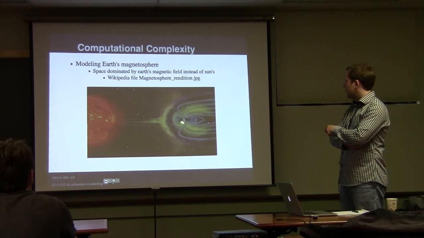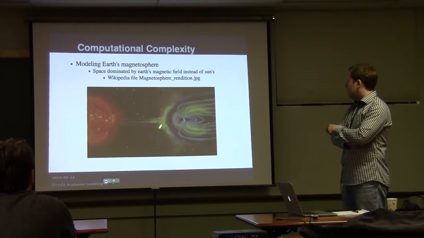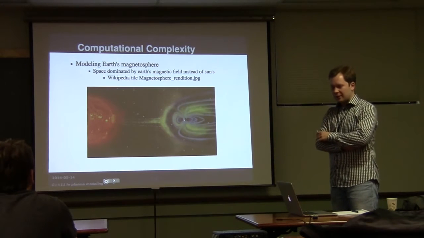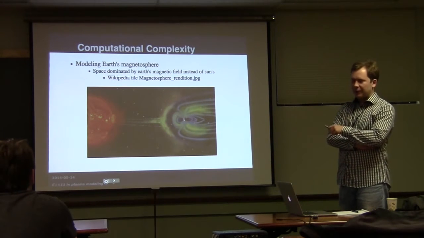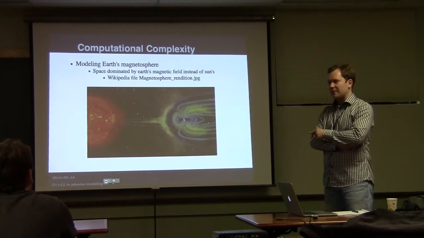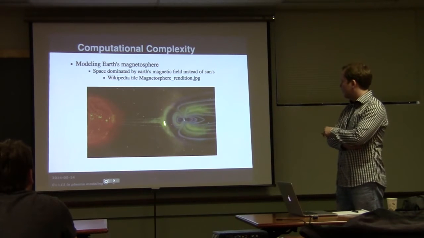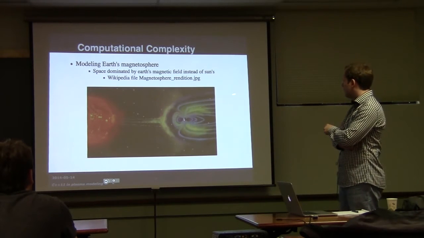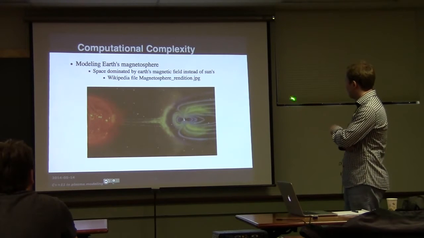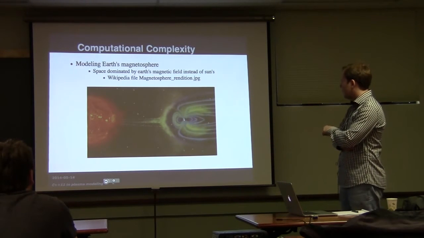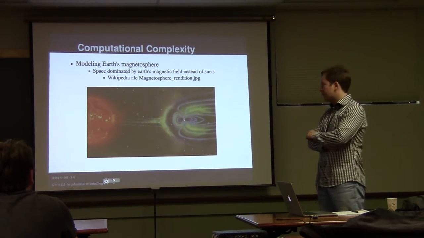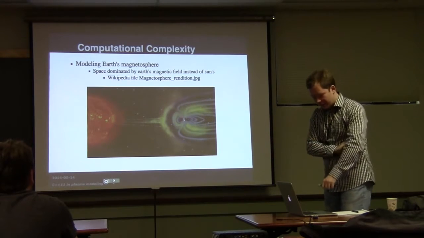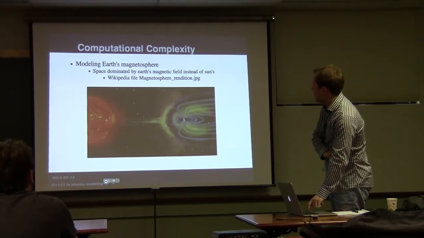So it hits the Earth's magnetic field, and this is also supersonic, it's faster than any of the waves in the system, so it kind of creates this bow shock here, and then it stretches the magnetic field of Earth to millions of miles away, and then compresses it on the day side. So this is basically the system I'll be using as an example.